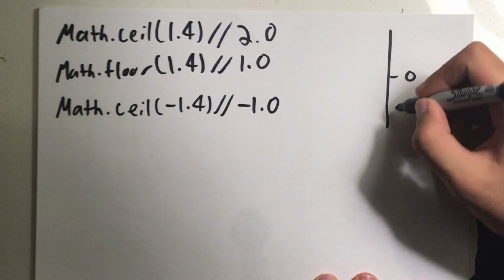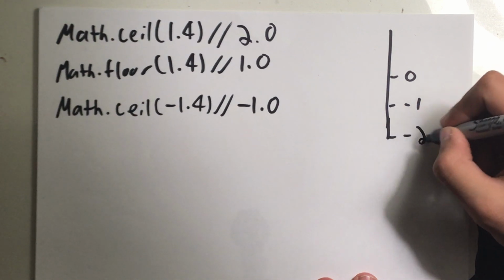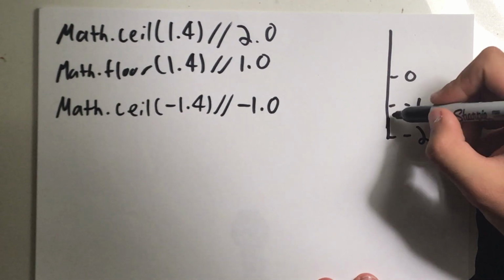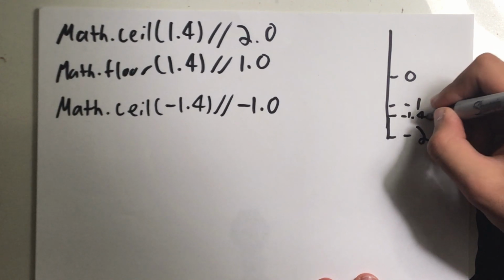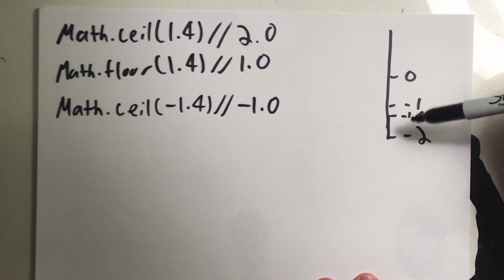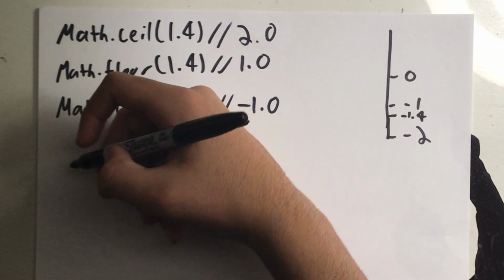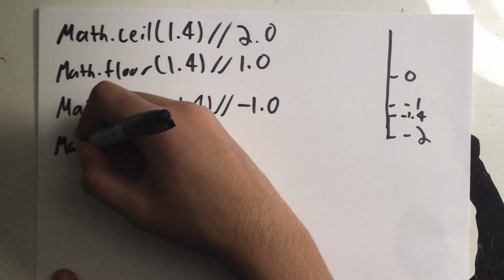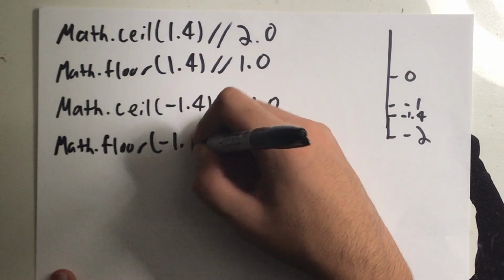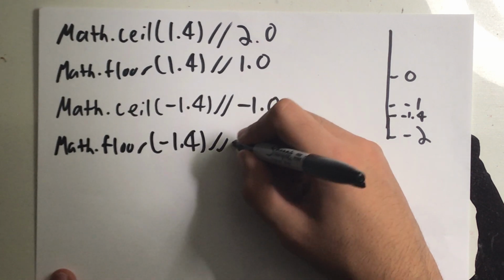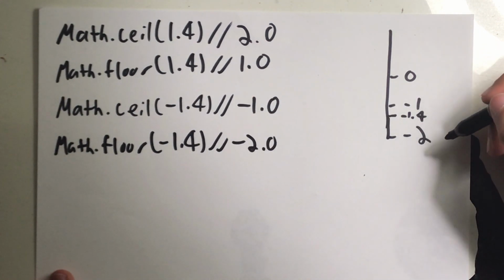Make this the 0 point, make this negative 1, and you can make this negative 2. Negative 1.4 is somewhere around right here, right? So if you want to go up because of ceiling, you're going to go to negative 1. And if you want math.floor of negative 1.4, then you're going to be at negative 2.0, right? Because with floor you go down, and that's going to be negative 2.